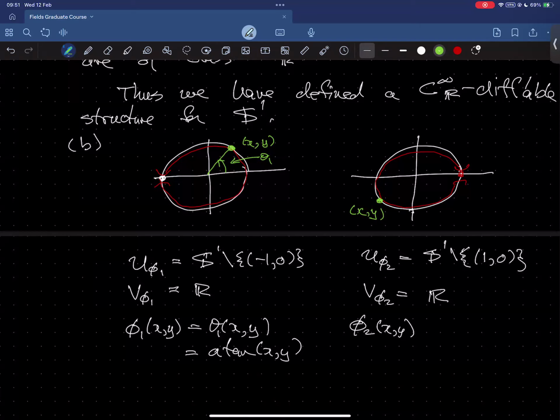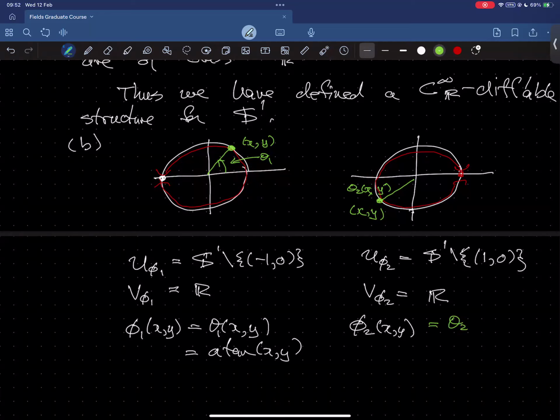And this one is going to measure, again, it'll be an angle coordinate, and this one is going to be this angle, theta 2 of X and Y. Okay, will be that angle. All right, so I'm measuring the angle not from the positive x-axis, but from the negative x-axis. All right, so this is theta 2.